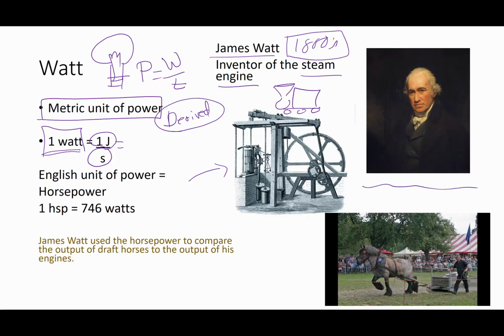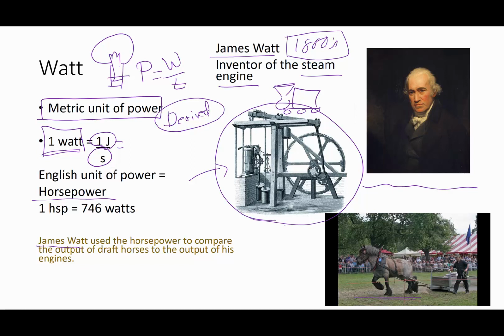So when James Watt was traveling across Britain trying to sell or market his steam engine to industry and business owners, he coined the phrase horsepower. And 1 horsepower in his day was supposed to be equivalent to the amount that 1 draft horse could do. So if he sold you a 1 horsepower engine, it could replace 1 of your draft horses.